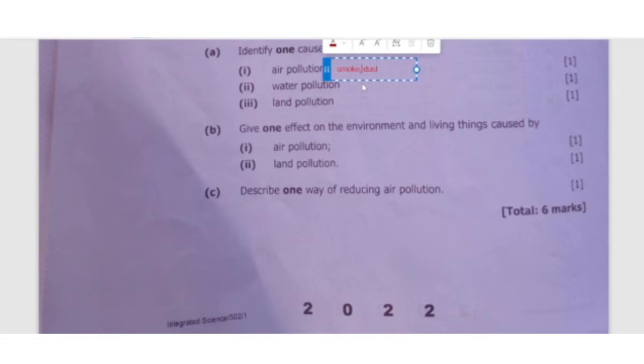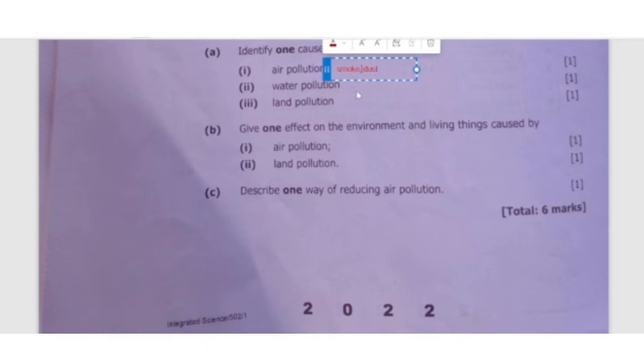More importantly, questions in exams don't ask you to state three; it's either two or one, and in most cases it's two. They want you to give two reasons, two answers, not three. So I'll be giving you two. Make sure you master them.